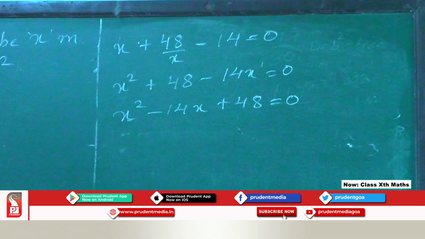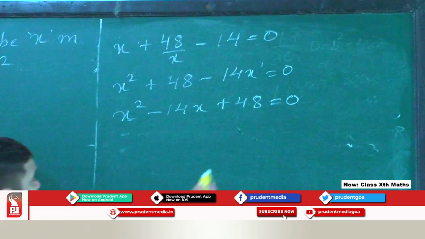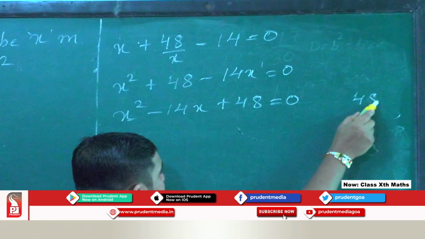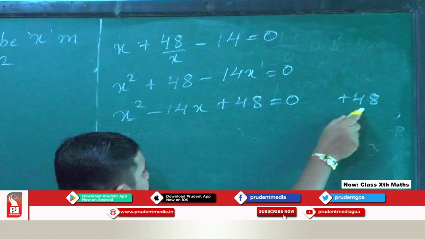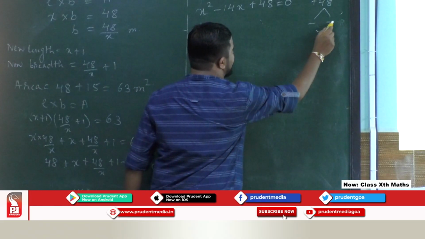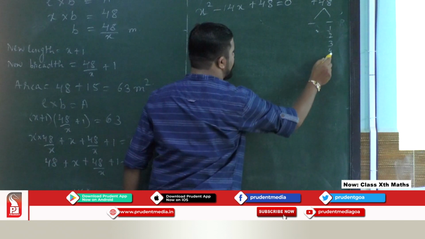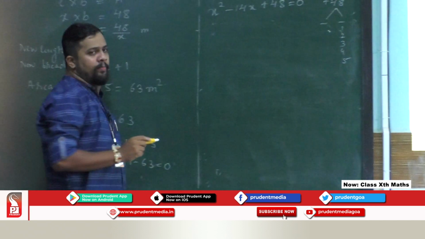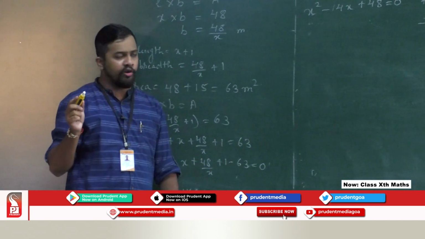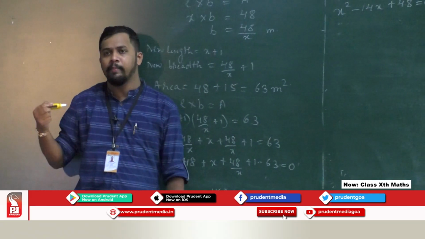Now you can use any method. Let me use factorization this time, it is a simple number. So 48, plus 48, negative sign, negative, right, that's the number fixed. Positive sign, so if the sign is positive, what you have to do? We have to decrease the number by 1 each time.